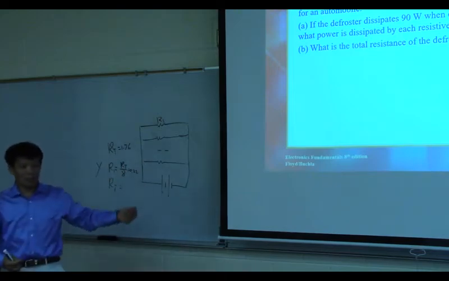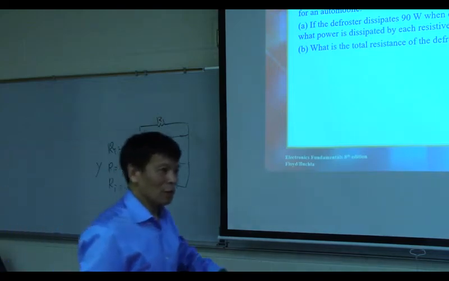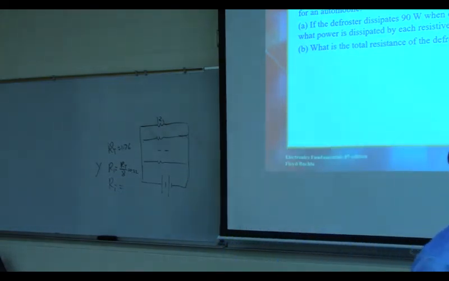Remember before this example we mentioned special cases: if all the resistors are identical, if they are in series, for example each one is 1K, and there are 10 in series, what is the total? You just multiply by 10, right? If they are in parallel, then you divide by 10.